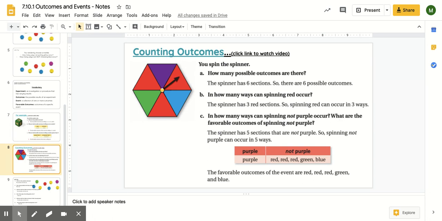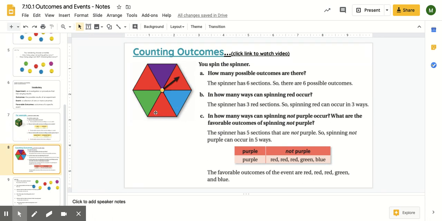But the second part of the question goes back to the previous slide. What are the favorable outcomes of spinning not purple? And as you can see here in this table, purple is your favorable outcome, right? And then not purple is not favorable. Notice here that we list everything still. So we go through the spinner. Purple is favorable, so we put it in our purple column. Then we've got red. Red is not favorable. Blue is not favorable.